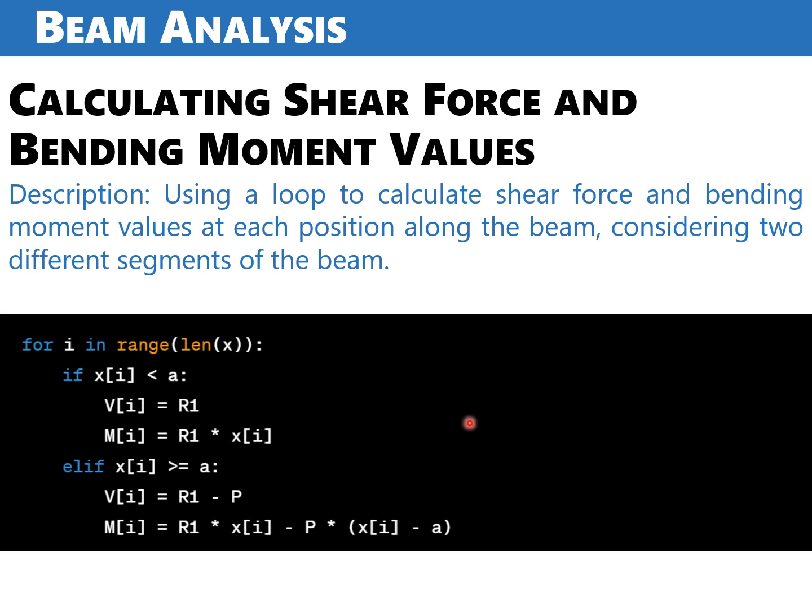However, the important point is I have used an if statement to calculate the values on the left hand side of a, the point of action of the point load, and on the right hand side of a, because on the left hand side and on the right hand side the formulae for shear and bending moment would change. So we have used an if statement for that purpose, and the for loop will ensure that for every value of x a value of v and m will also be calculated.